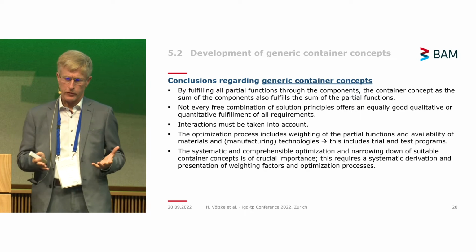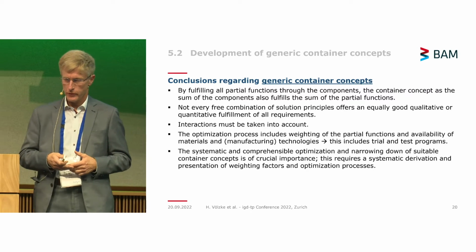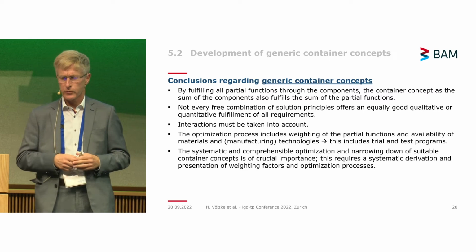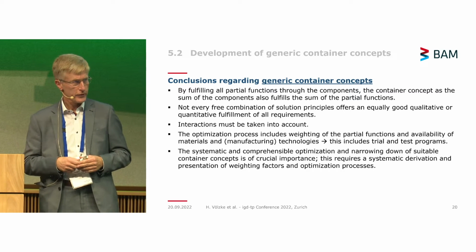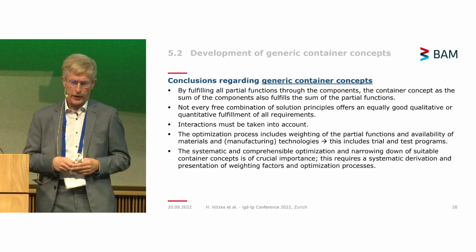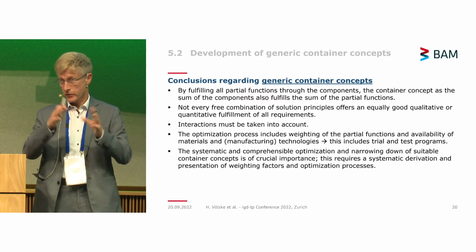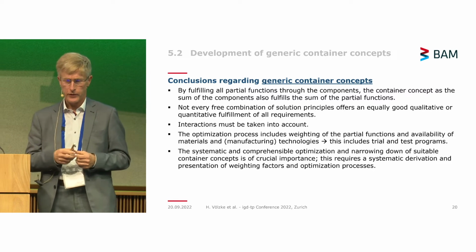But not every free combination of the solution principles offers an equally good qualitative or quantitative fulfillment of all requirements. Interactions must be taken into account. It makes it even more complex.